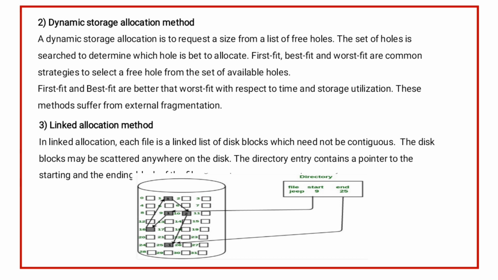First fit and best fit are better than worst fit with respect to time and storage utilization. These methods suffer from external fragmentation. First fit allocates the first hole that is big enough. Best fit allocates the smallest hole that is big enough. And worst fit allocates the largest hole.